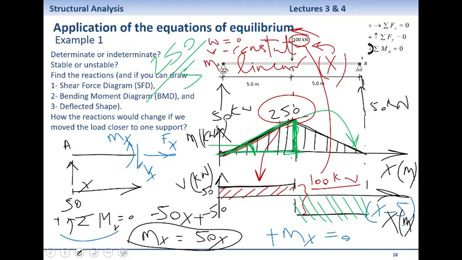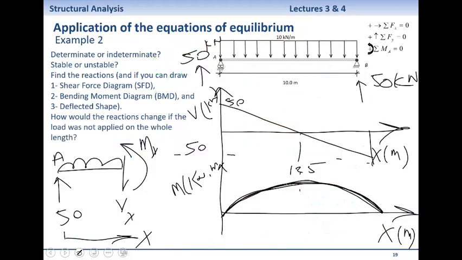What is the shear force between these 2 points? 50. What is the slope of the other side? Again, 250 divided by 5, but it's negative. What is the shear force there? Negative 50. And you will see exactly the same relationships here.